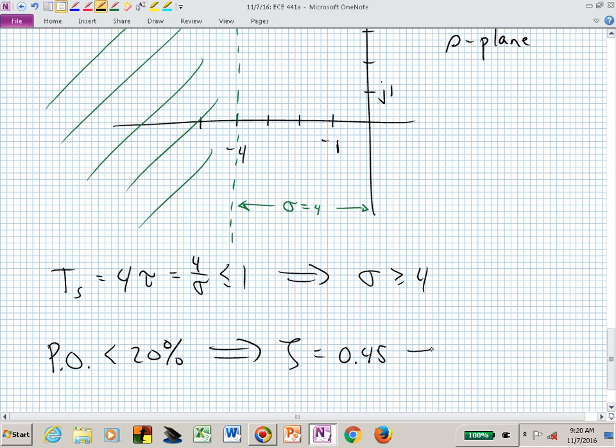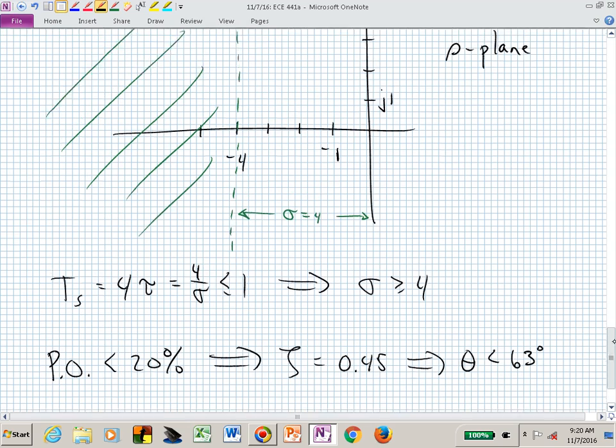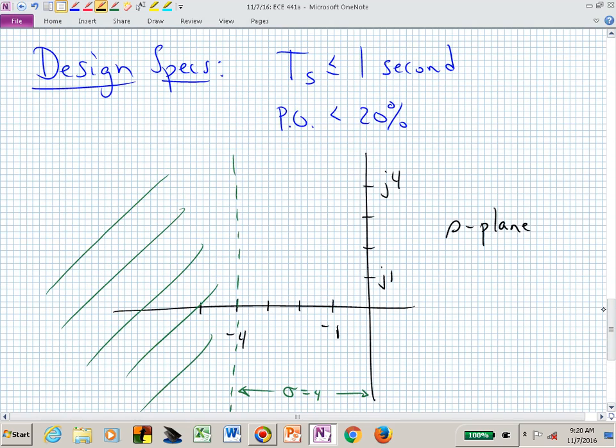And we could do the inverse cosine of that and find that theta at 0.45 is 63 degrees, and for less than 20%, we need our theta to be less than 63 degrees. Which now says that I can go over here and try to sketch a 63-degree angle, which I know needs to be bigger than 45 degrees.